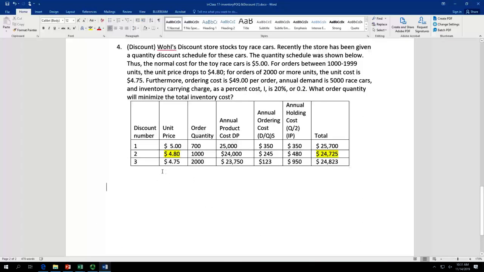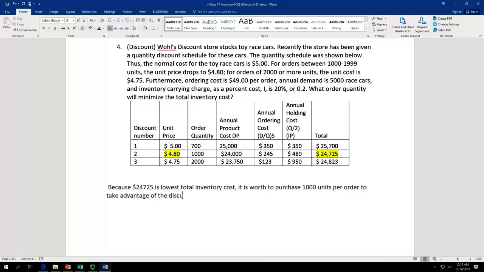Then I would just go back to this Word file and say, okay, because 24,725 is the lowest total inventory cost, it is worth ordering 1,000 units per purchase, per order, to take advantage of the discount price.